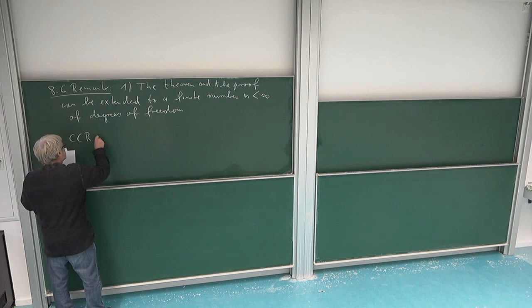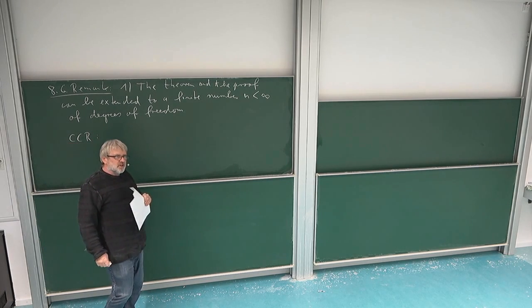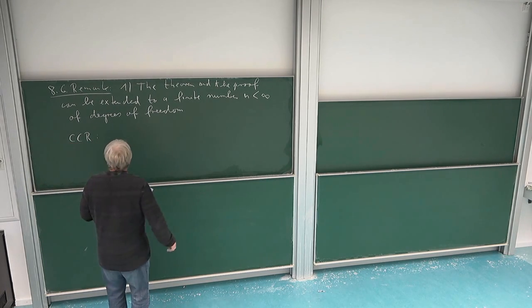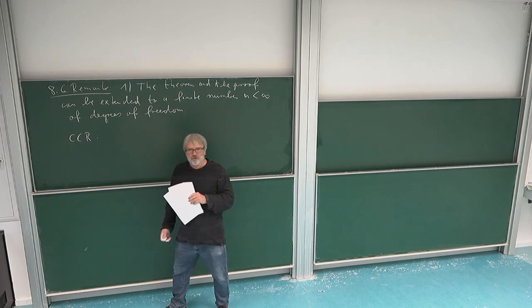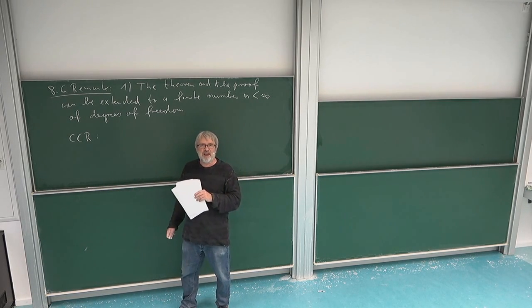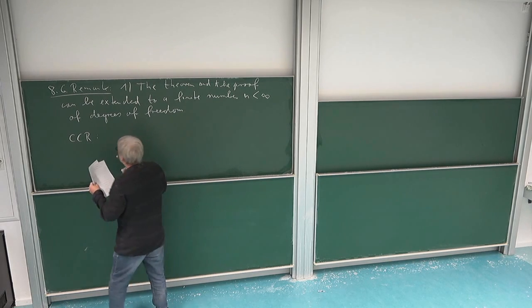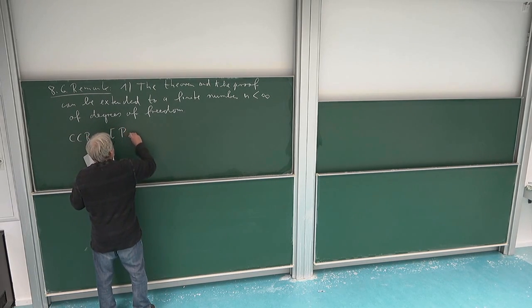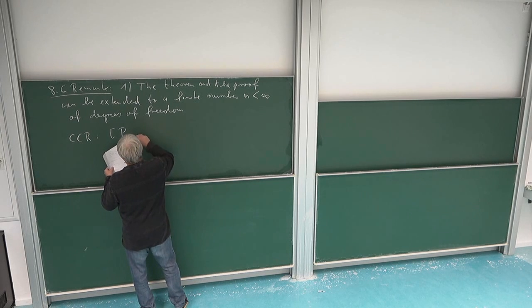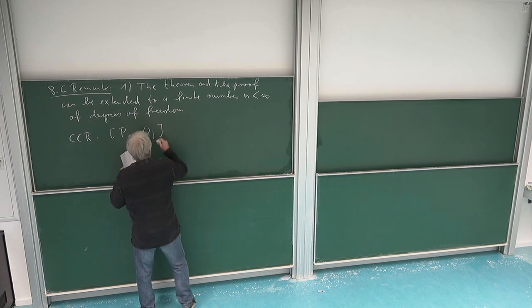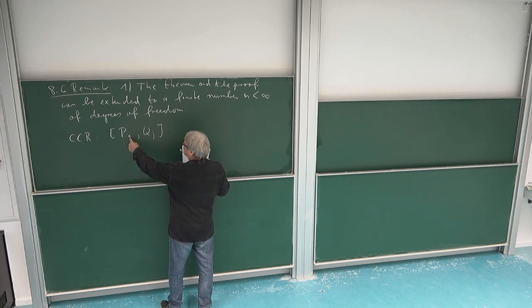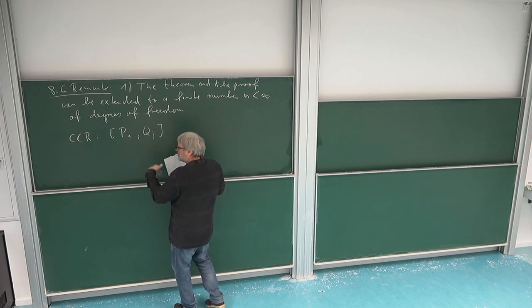So the canonical commutation relations in terms of P and Q are now given. I have now not just one P and one Q, but I have n of them. So I have to specify the commutation relations between them. And of course, the important one is the one between the P_i and the Q_j. But now also not just for the same i and j, but also for different ones.